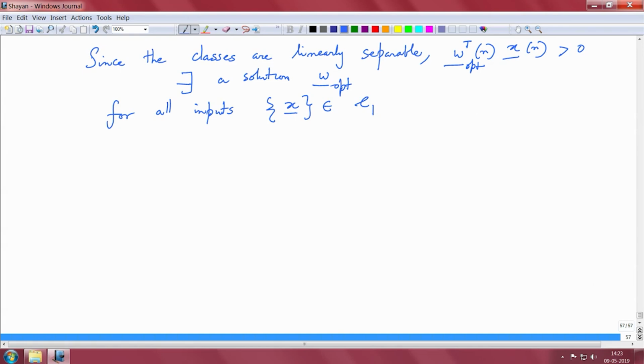If I give you all inputs x belonging to class C1, since the classes are linearly separable, there should exist an optimal hyperplane such that this decision holds.